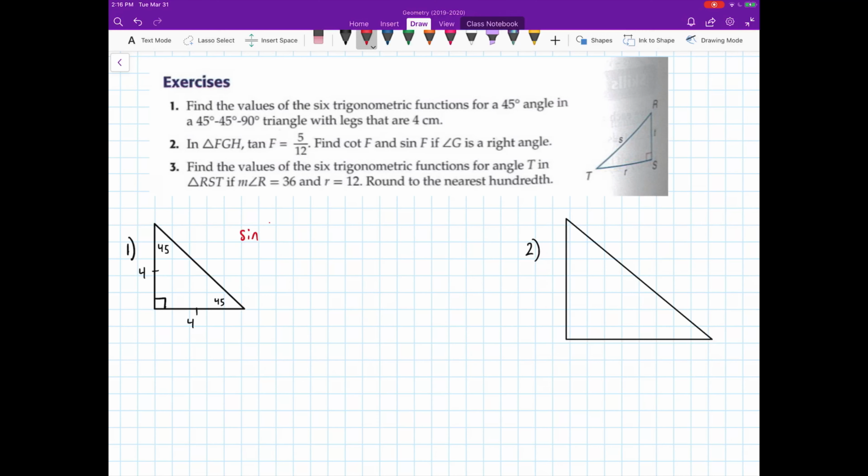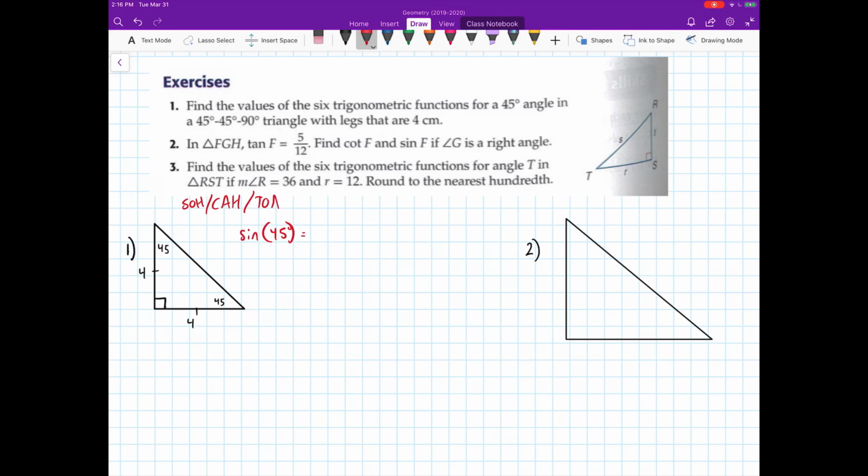So sine of 45 degrees is going to be opposite over hypotenuse, right? So SOH. Well, the first thing I need to do is put 4 root 2 there. We know that's 4 root 2 because it's one of our special triangles and we know the pattern.